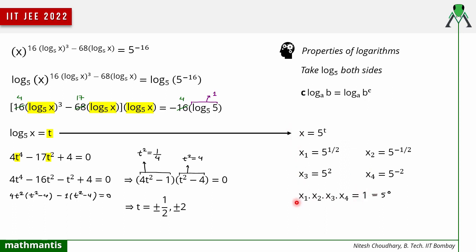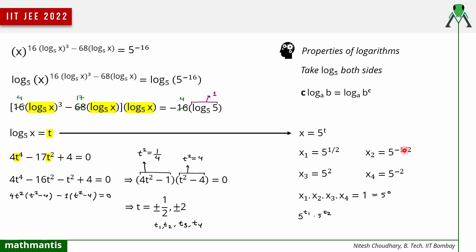So if I knew from the question that the powers are coming out to be positive and negative, whatever values you get will be something like this. So t has 4 values, t1, t2, t3, t4. So what are we getting here? We are getting x1, x2, x3, x4, which is nothing but 5 raised to power t1, 5 raised to power t2, t3 and 5 raised to power t4.